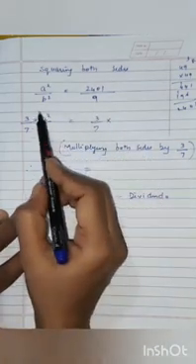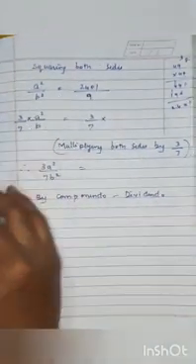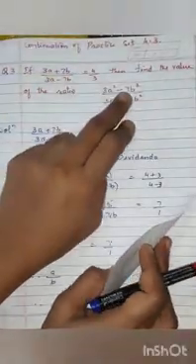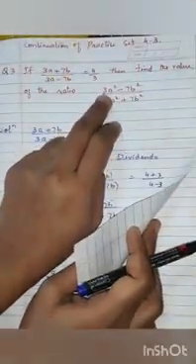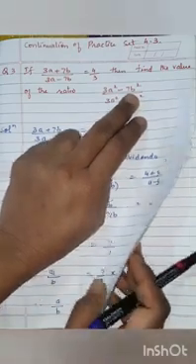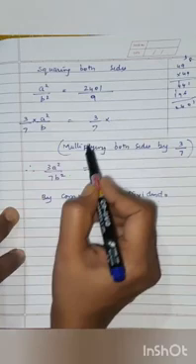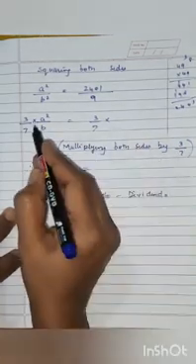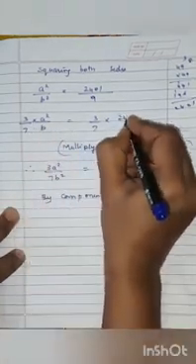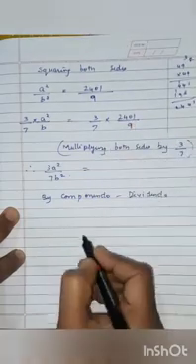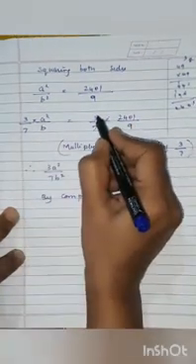Now children, since in the question they have asked 3a² - 7b², that means the coefficient of a² is 3 and the coefficient of b² is 7. So we have to multiply both sides of the equation by 3/7. So here we get 2401/9, children.